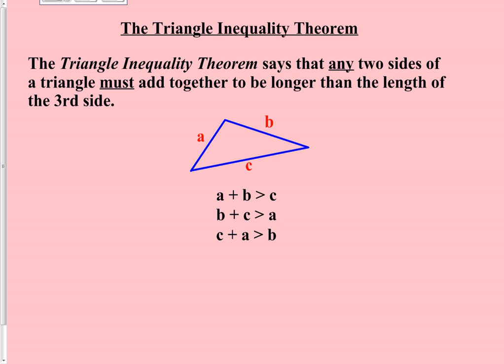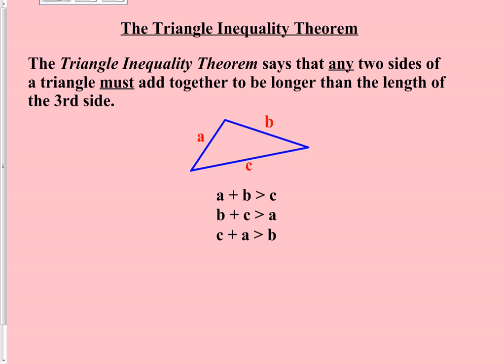Now you may ask yourself, why on earth would we be studying the triangle if it wasn't even a triangle? Well, you might be surprised. Sometimes the tests do try to trick us by giving us three values that are incapable of being a triangle. So we've got to watch out for the triangle inequality theorem.